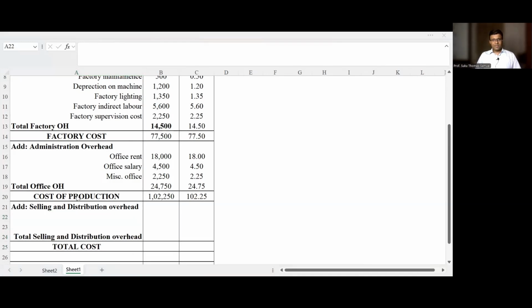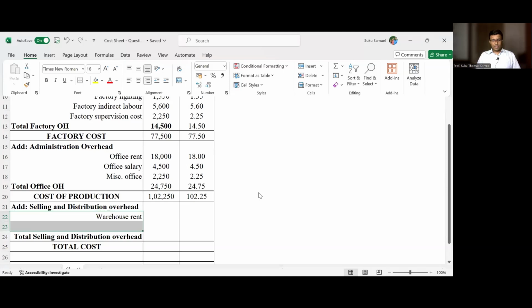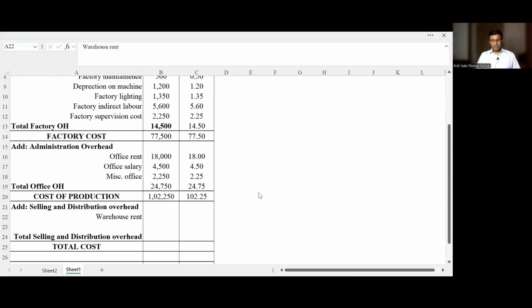We have warehouse rent. Warehouse rent works out to be 13,500, or 13.5.